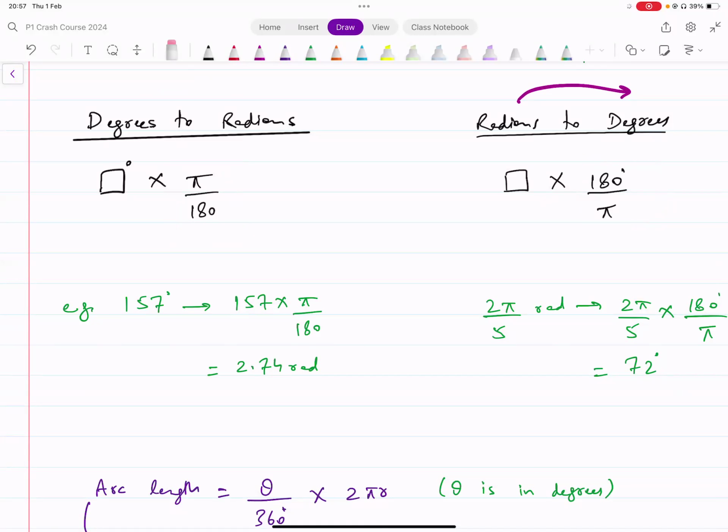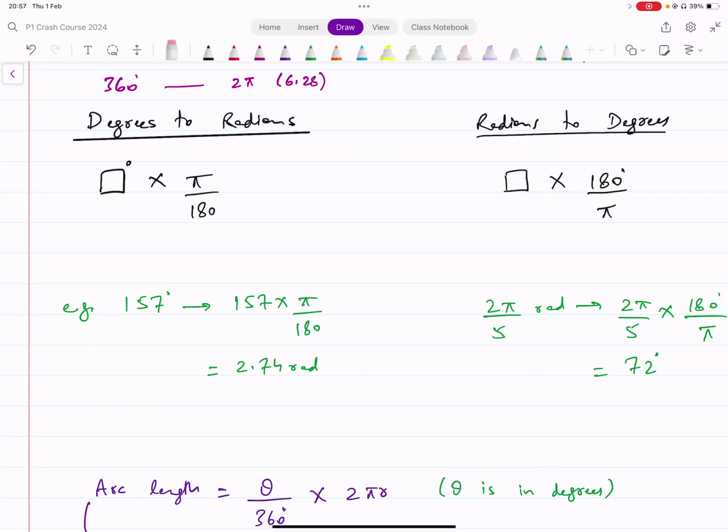Now, degrees are normally bigger numbers, right? Because 360 degrees corresponds to only 2 pi radians. 2 pi would be 6.28 something, so 360 in degrees is the same as 6.28 in radians. So angles in radians are generally smaller numbers, and angles in degrees are generally bigger numbers.